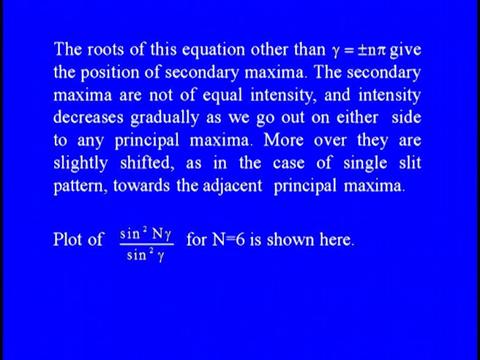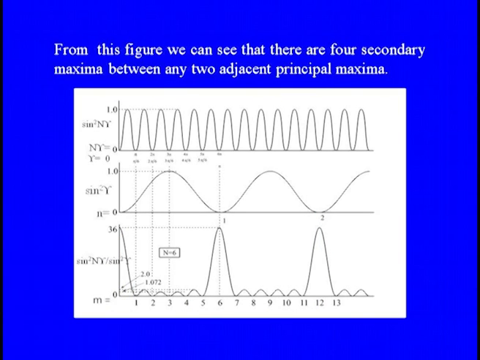Now, the plot of sin square N gamma upon sin square gamma is shown here for N equal to 6. From this figure we can see that there are 4 secondary maxima between any two adjacent principal maxima, which we have already discussed.